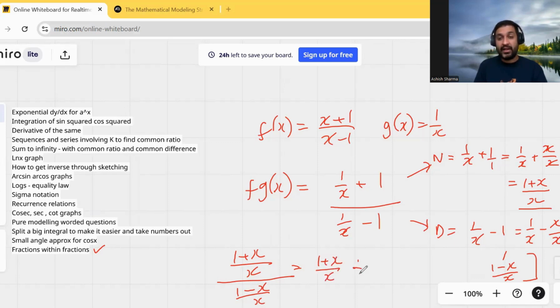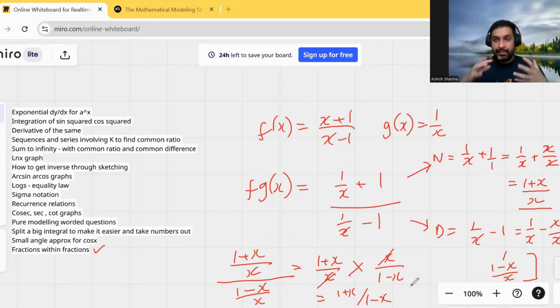You are essentially dividing by the second fraction, aren't you? So remember GCSE, keep, flip, multiply. We're going to do the same thing here. We're going to keep the first fraction, we're going to multiply by the flipped version of the second fraction. What you notice is the x's cancel out. We'll get 1 plus x over 1 minus x.